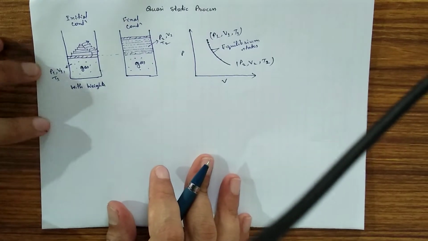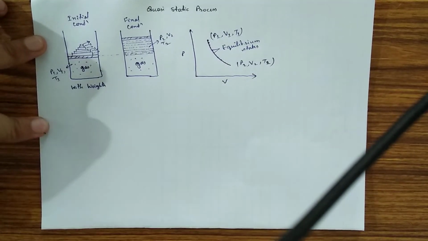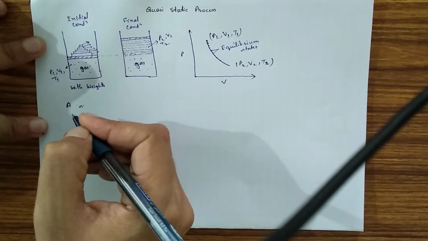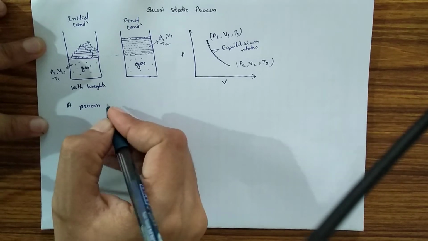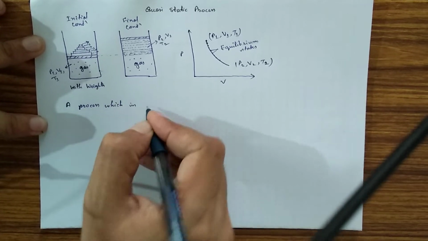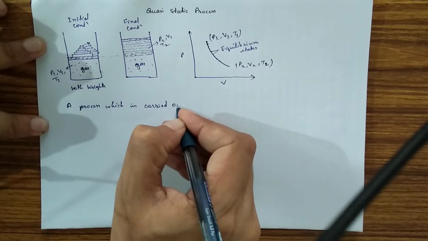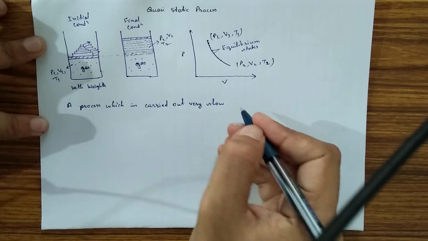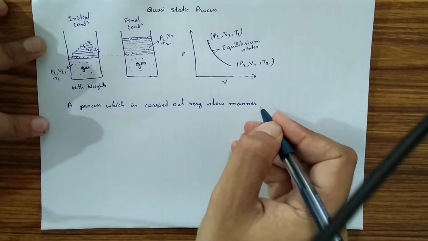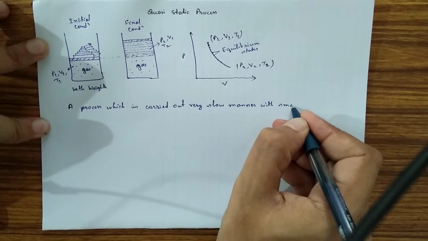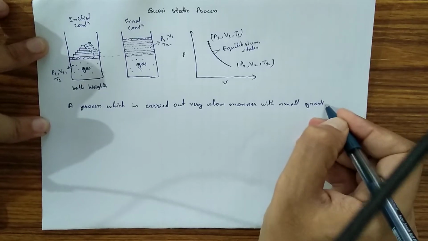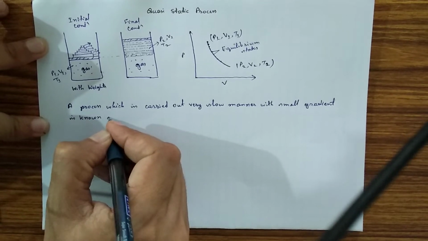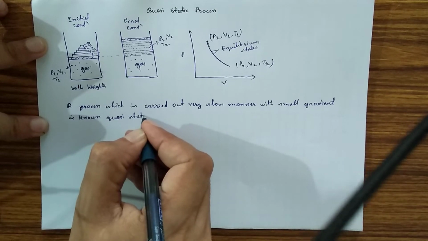So we can now write some points regarding this. A process which is carried out in a very slow manner with small gradient is known as a quasi-static process.